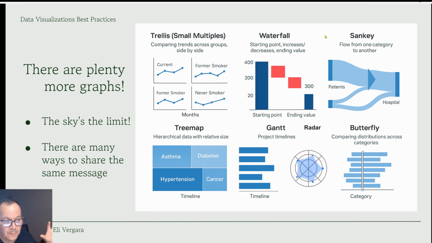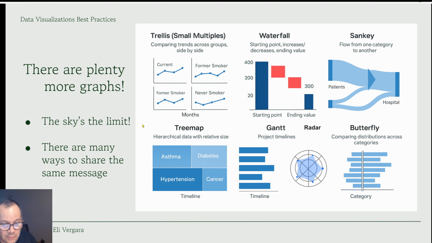Sankeys allow us to visualize where the data flows through and how it flows through and how that's interconnected. Tree maps are just great because they show in blocks of squares or rectangles by size the volume of data or the size of the data.